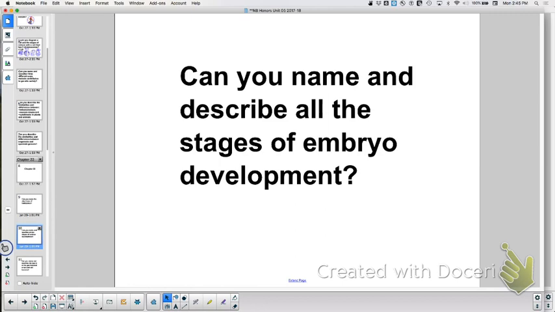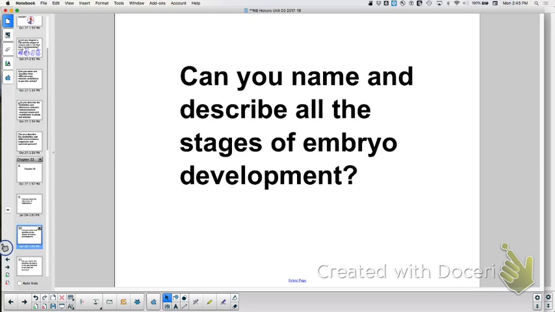So, fertilization, then you form a zygote. Then you undergo cleavage to form a morula, a solid ball of cells. Then you pump in salt. Who follows? Water, and you form a blastula.